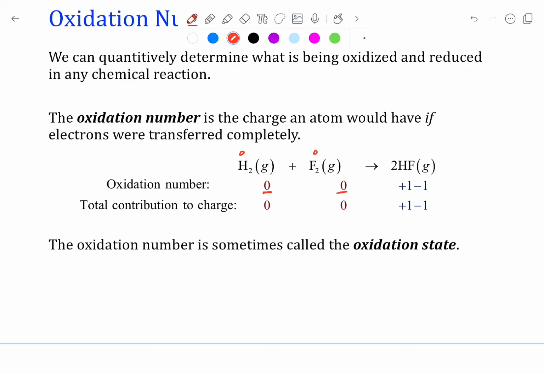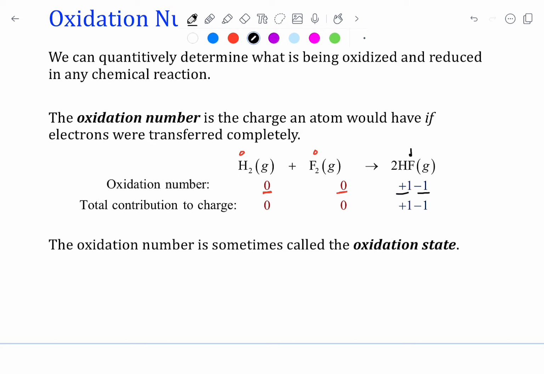Again, in our previous examples, I then said, let's look at our products. Our product is an ionic compound. In this case, it's a strong acid, so it can separate into its two individual ions. If we look at the charge of those, we know F has a charge of -1 from the periodic table, and H has a charge of +1 in order to balance out that fluorine.